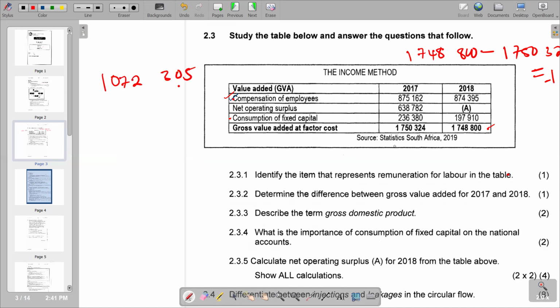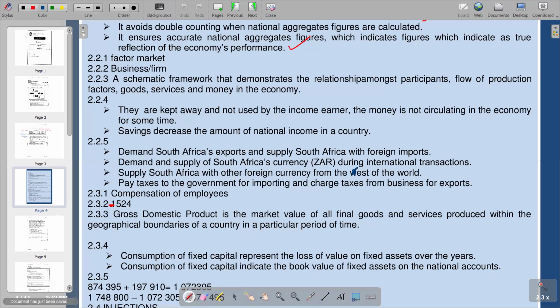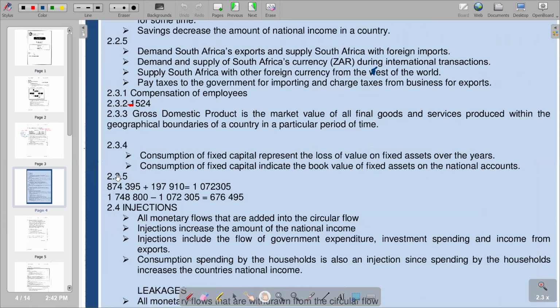And then the total that we get here, subtract it from the gross value added at factor cost, which we have now saying 800, then we subtract 385, 76,195. So basically, this is the calculation that we have in our answer section, which is summarized on 2.3.5.